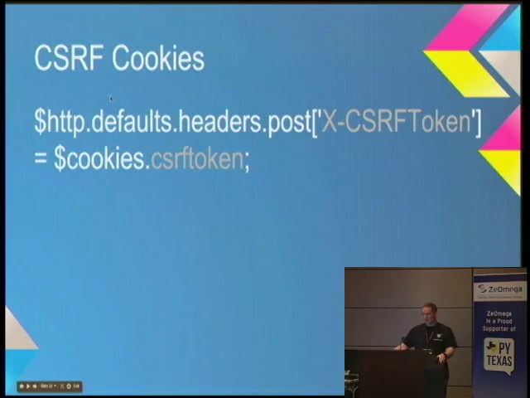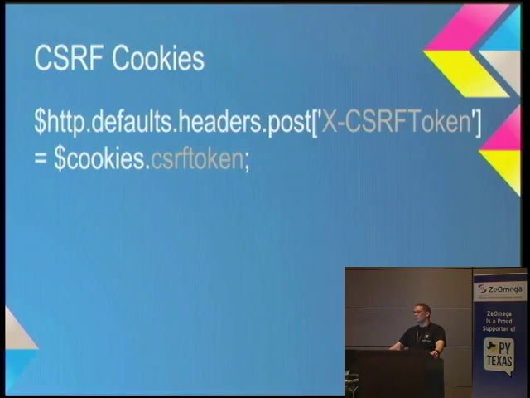All right, so the first one is if you're using Django and you're submitting, or any other framework that has cross-site request forgery protection, you probably have a CSRF cookie. And if you're submitting that form to the back end, you need to include that cookie in your request.